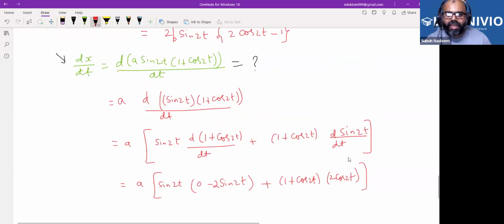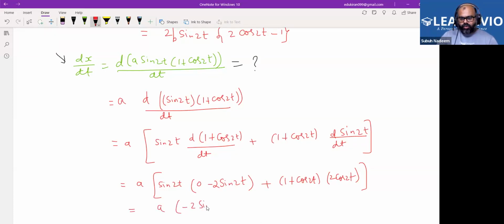So what we get here is a into minus 2 sine square 2t plus 2 cos 2t plus 2 cos square 2t. This is what we are getting here, right?